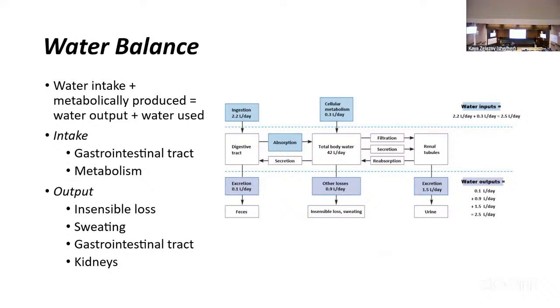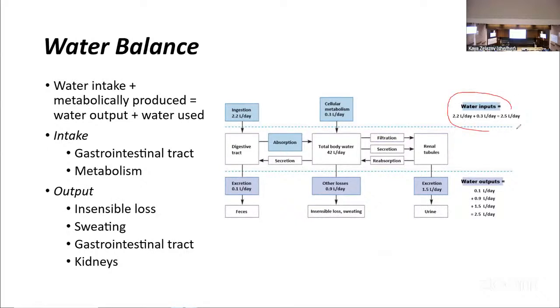So in feces and in urine, we have some water content there. So if you're in balance, these should all add up such that your input of water, so the amount of water you drink and the amount of water you make, matches the amount of water that's coming out, whether you're breathing it out, whether you're sweating, or whether you're excreting it as feces and urine.